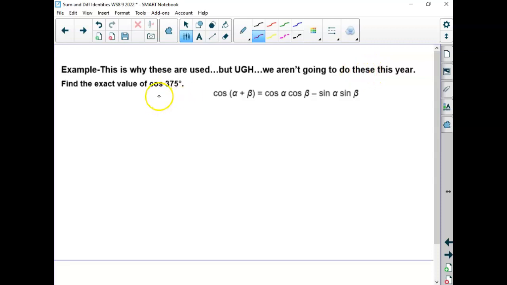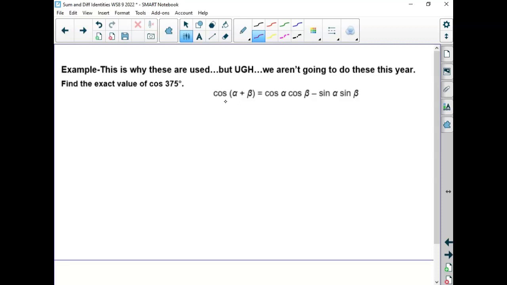Okay. Cosine of 375. Not on my unit circle, right? What are two numbers on the unit circle that could add up to 375? Anybody know? Like 300, okay, is 15 on my unit circle? 360 and 15 was suggested. 15's not on my unit circle, right?